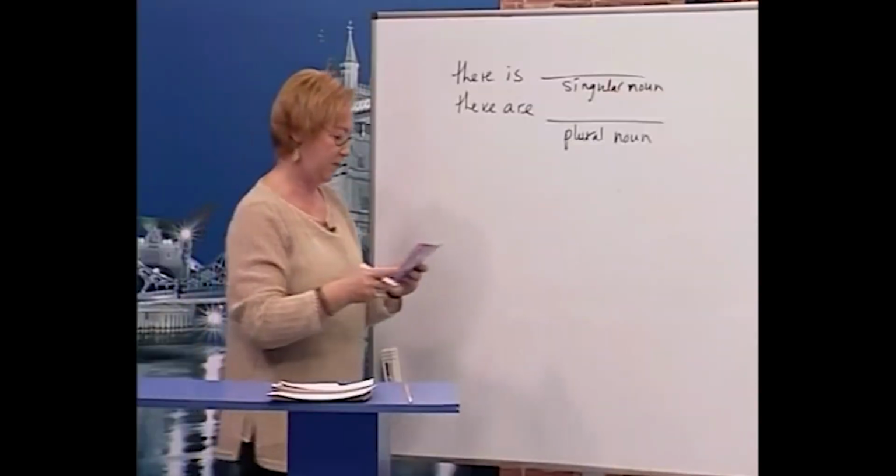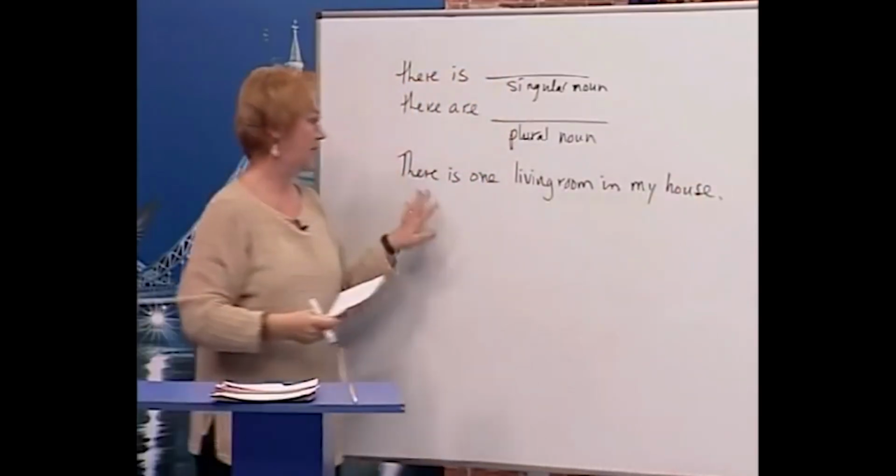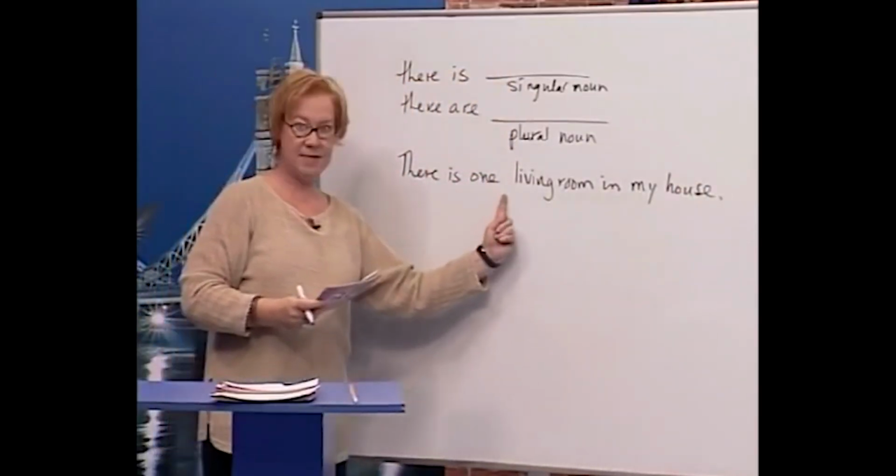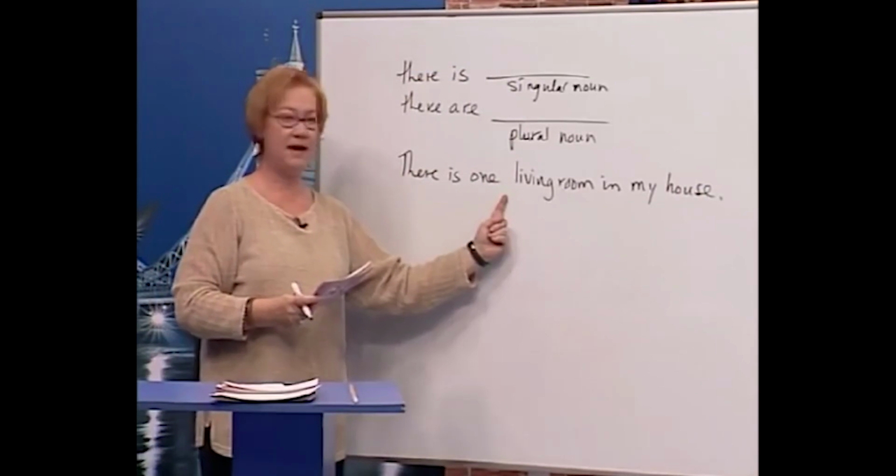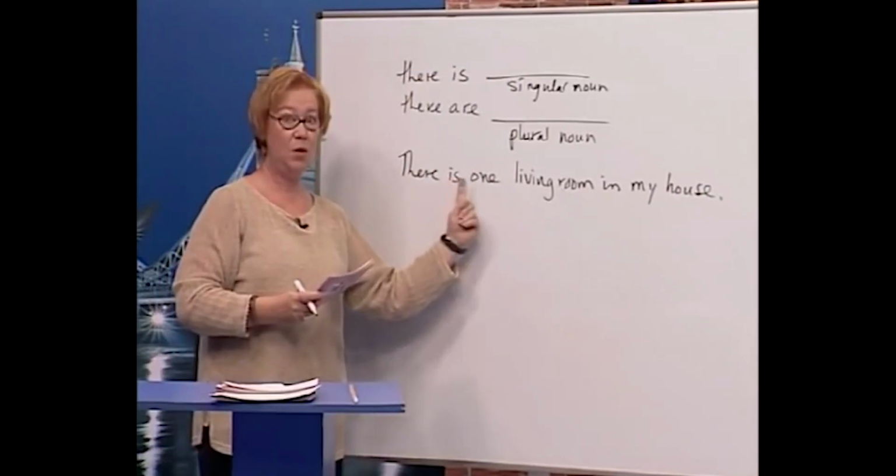Now let me show you. Here's some examples. There is one living room in my house. There is one living room in my house. Is one.